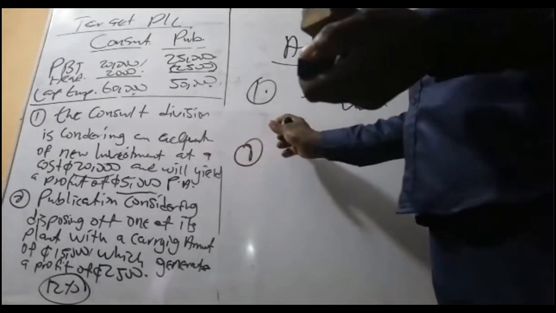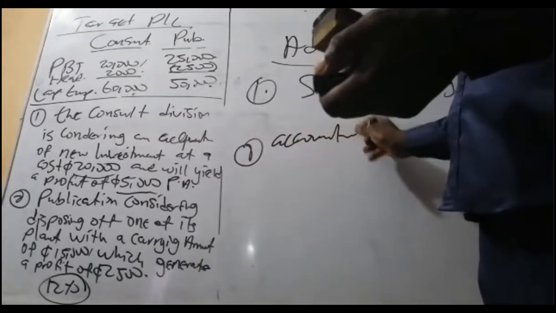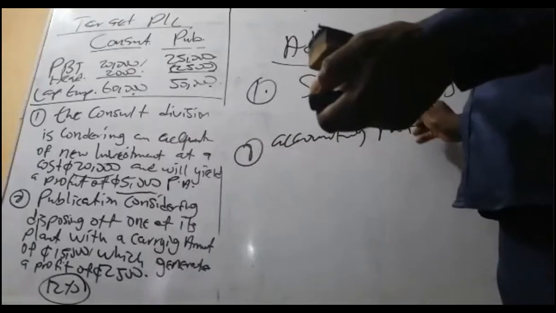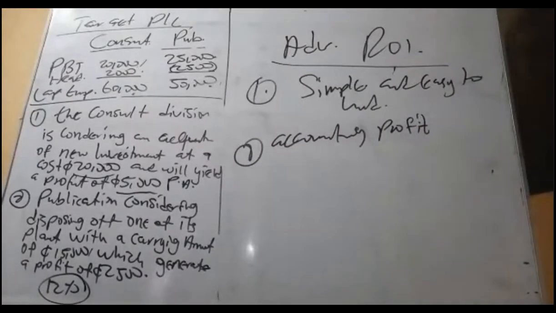Most of us are very good when it comes to accounting profit. They can estimate it for you. But when it comes to cash flow, how to estimate cash flow is a bit more difficult than how to estimate profits.